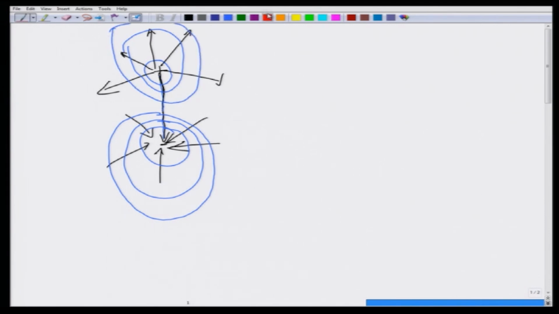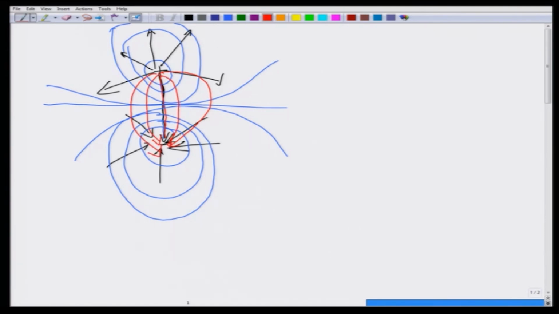How about the field lines? Field lines must be perpendicular to the potentials. So, there is one potential which is in the center, like this. These are the potential contours. The field lines are all like this: for the positive charge they are all going out, and for the negative charge they are all going inside.